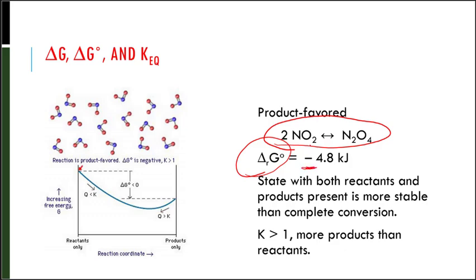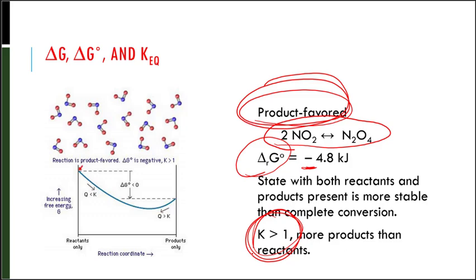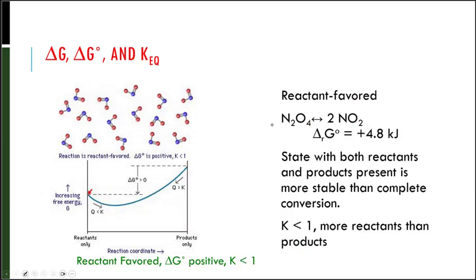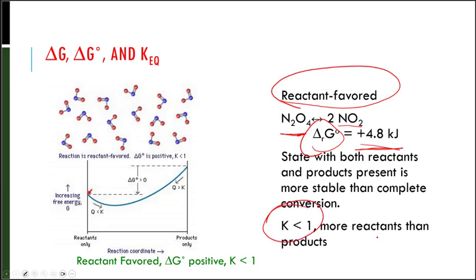That tells me it is a spontaneous reaction, which is product favored, and I would have a K greater than 1, also telling me that I have more products than reactants. If I flip this reaction around, these are my reactants and this is my products, delta G would just flip-flop. It would be positive 4.8, telling me that it's a reactant-favored reaction. K is now less than 1, and I would have more reactants than products.